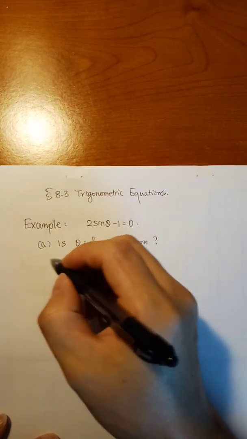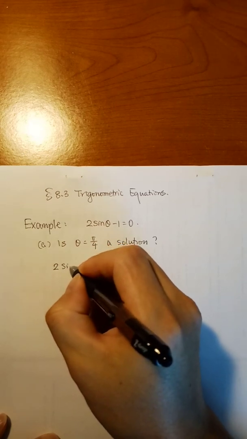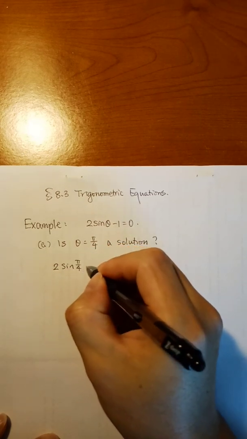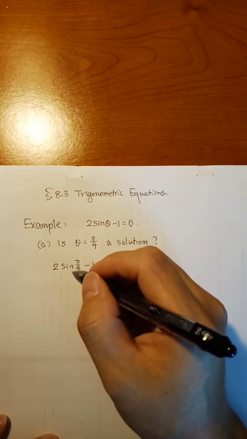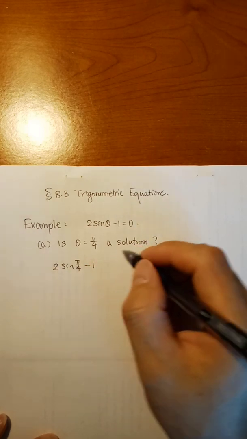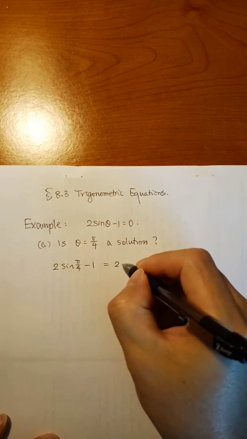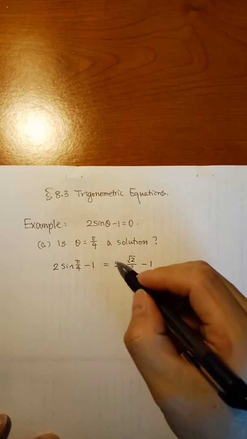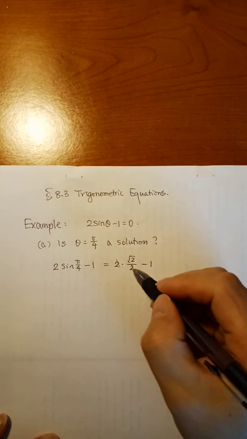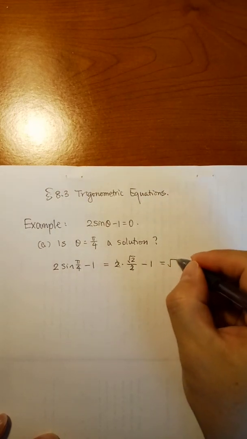So you evaluate the left-hand side at pi over 4. Sine pi over 4, remember, is root 2 over 2. Two times it, the 2s in the denominator cancel. It becomes root 2 minus 1.